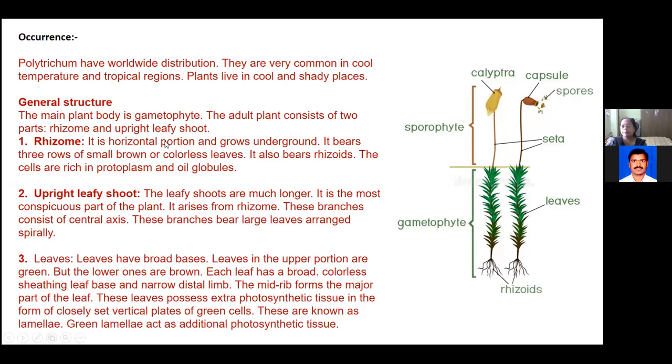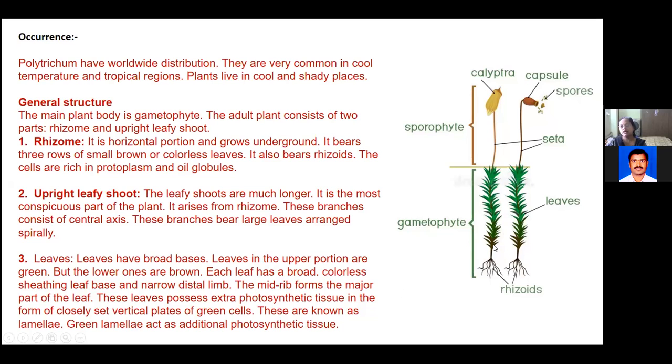Okay, the part of the plant which grows underground in the soil. I repeat, the part of the plant which grows underground in the soil and grows horizontally, that part we call the rhizome.